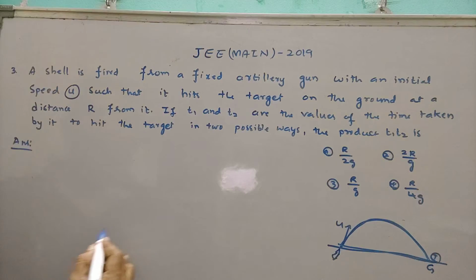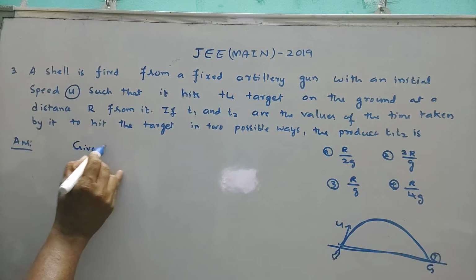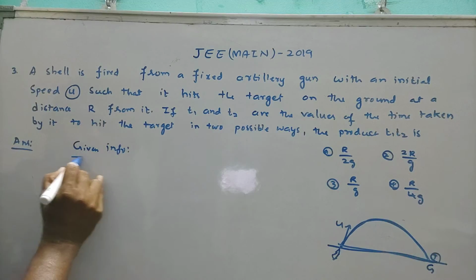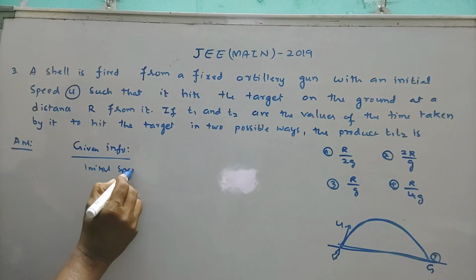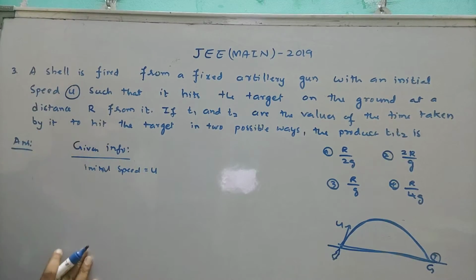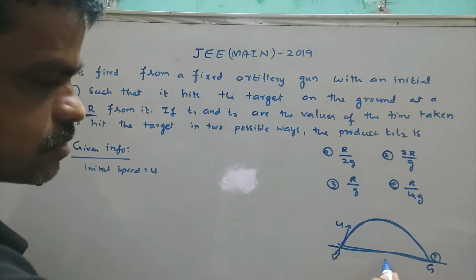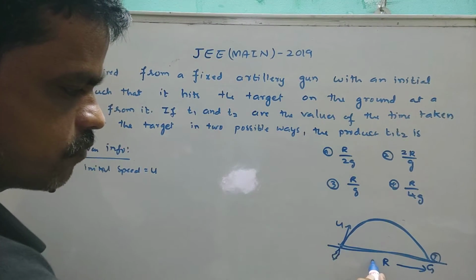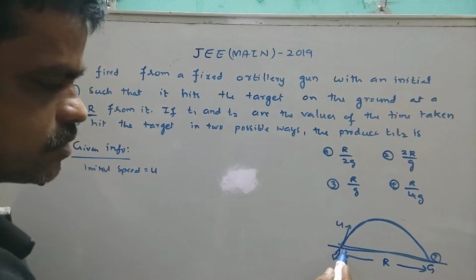So here is the given information: initial speed equal to u. Where is the target? The distance from it, this is the horizontal distance. Just listen, children.